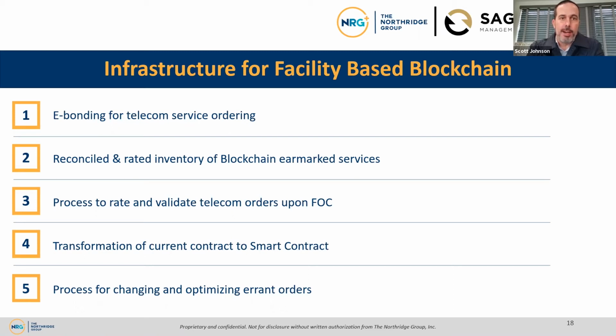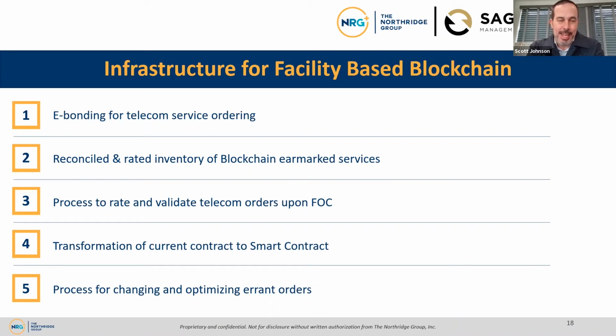So that requires having a product on your side that can e-bond with your 1 to 3 at least top suppliers of telecom for those emerging services, at least for the emerging services, right? So think all moves, adds, changes, disconnects, MACDs, right? Putting them into some type of technology where the ordering can go back and forth from initiating to firm order confirmation.